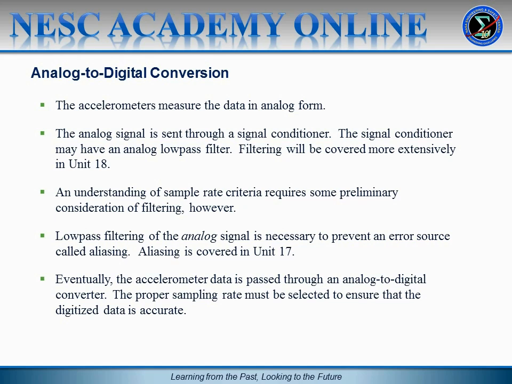So we really need to be careful about the sample rate, and it's very important that we apply an analog low-pass filter to the data prior to digitization. And we'll be discussing recommendations for setting the sample rate and the low-pass filter frequency in this unit and in the next unit.